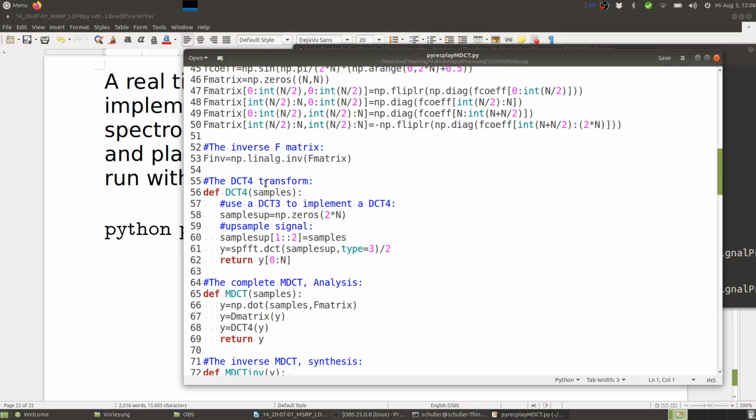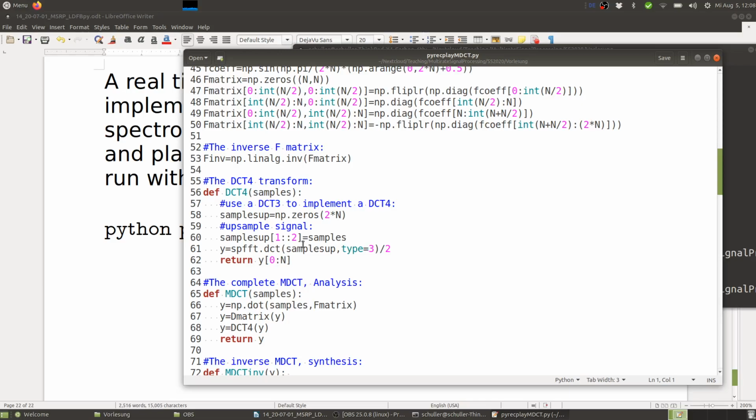Then here is the DCT4 transform. It uses the DCT3 to implement the DCT4 because the signal processing library fft.dct has the type 3 built in, so I'm just taking advantage of it. Unfortunately, it does not have the type 4.